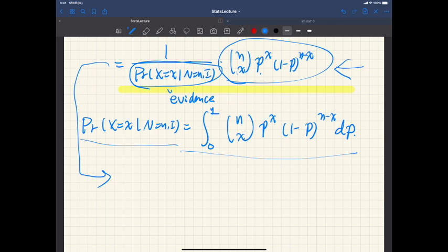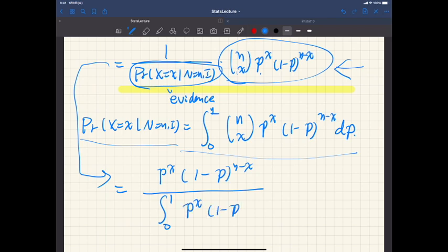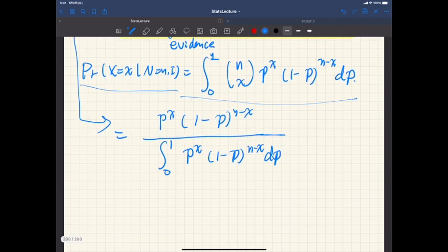So what we have is p to the power of x, 1 minus p to the n minus x, divided by the integral from 0 to 1 of p to the x, 1 minus p to the n minus x dp. So this is the density function for p.